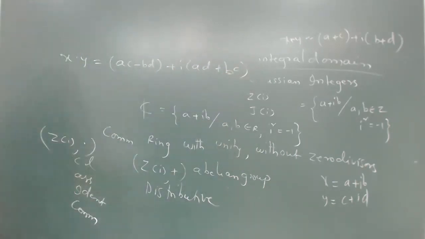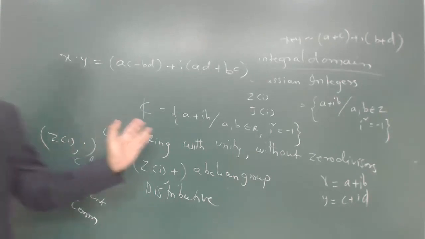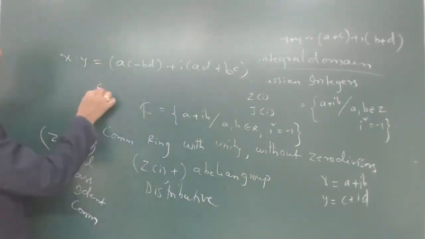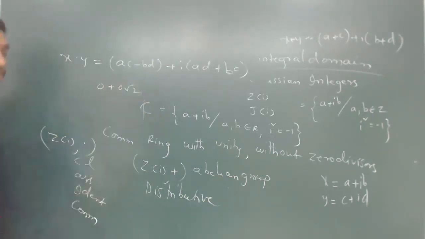Did you observe the similarity between the previous problem and the current problem? The approach is very similar. There you took root 2, here you have taken just i. Remaining things are very similar, verifying the properties: closure, associative, identity, inverse, etc. In the previous problem you mentioned the identity element as 0 plus 0 root 2.